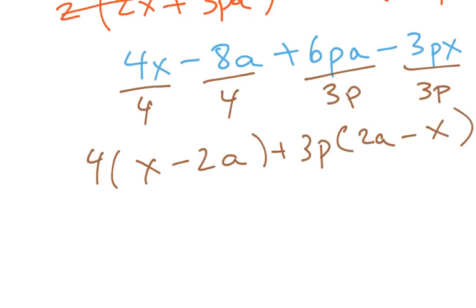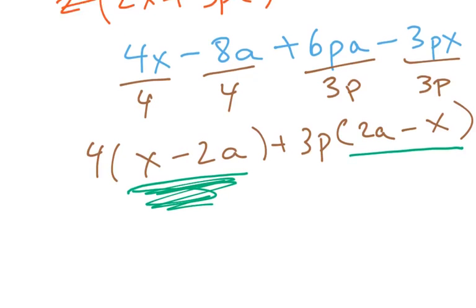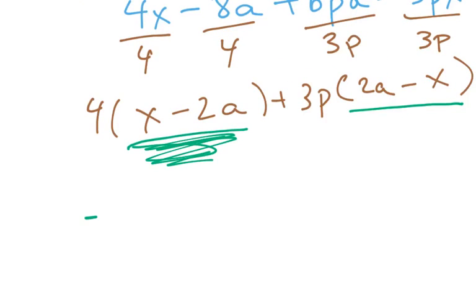Because in the back, now we have x minus 2a, and this is 2a minus x. Now, there's a way we can get what's in the parentheses to match up. And the trick here, it doesn't matter which one you take, I'm going to take the first one, is we can take this and we can factor out a negative. Now, remember, when you factor out a negative, I mean a -1, what that does, essentially, is it flips the signs.